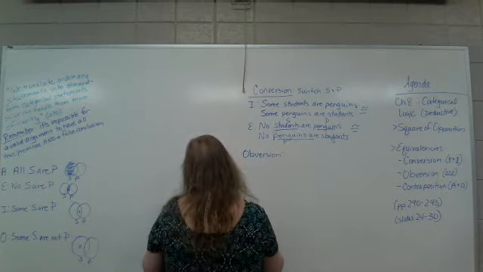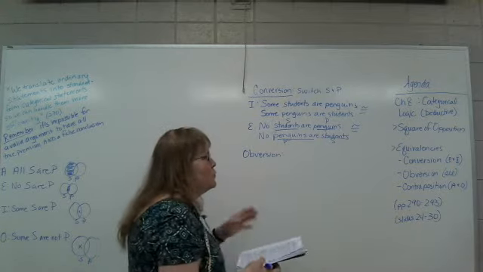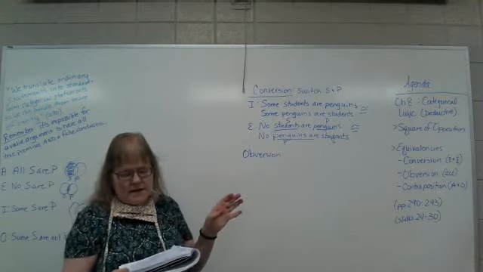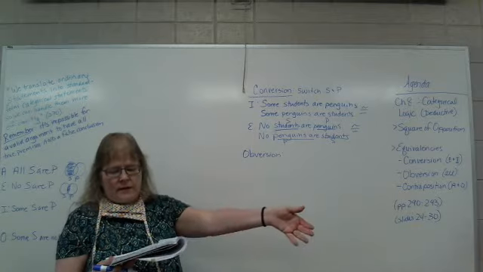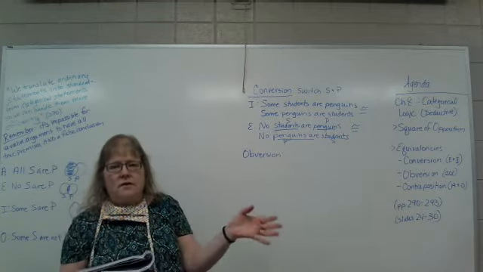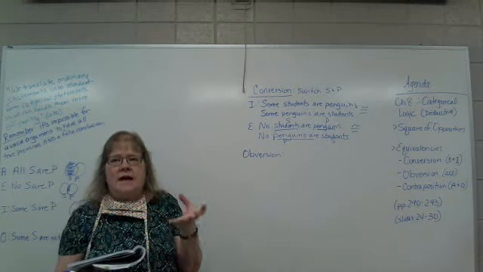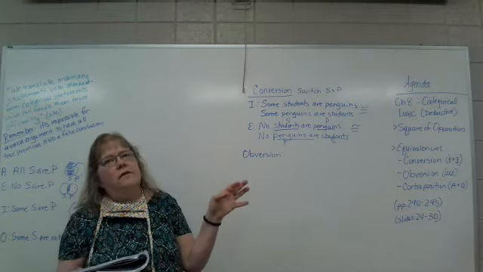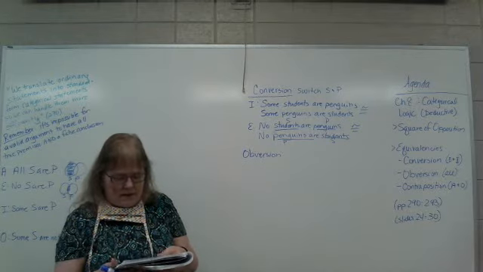Okay, so obversion works because when we say a class of something, we implicitly label everything else as a non-this, right? If I say all cats are carnivores, I'm saying everything that's not a cat could not be a carnivore. Okay, so there's all kinds of things there.